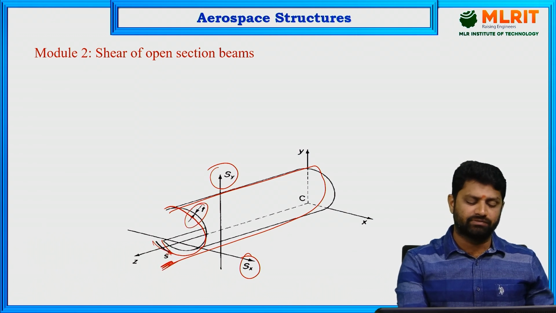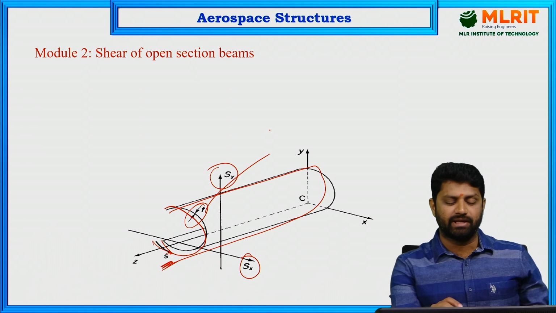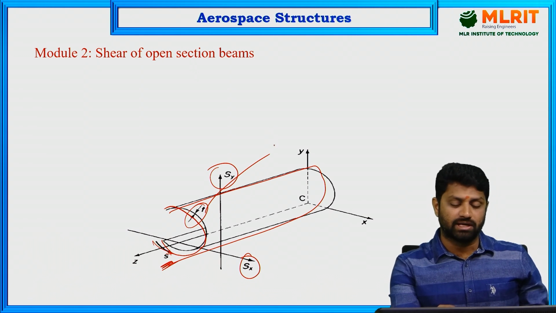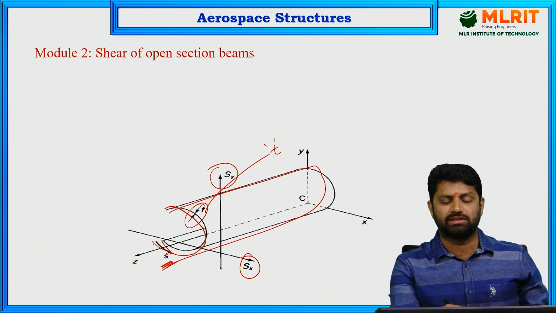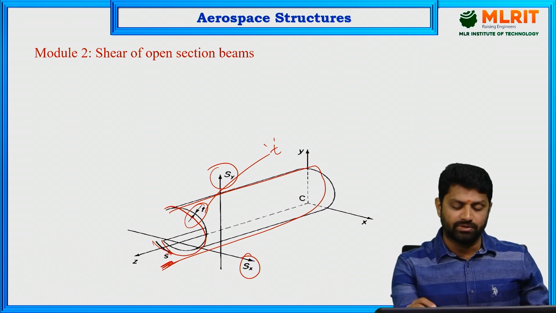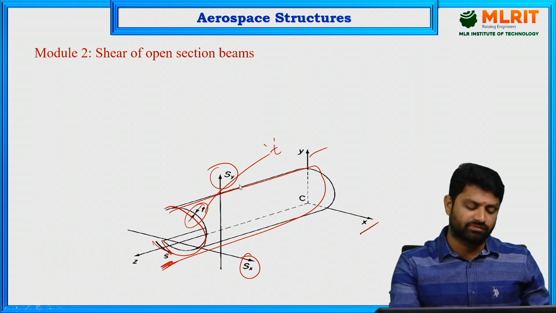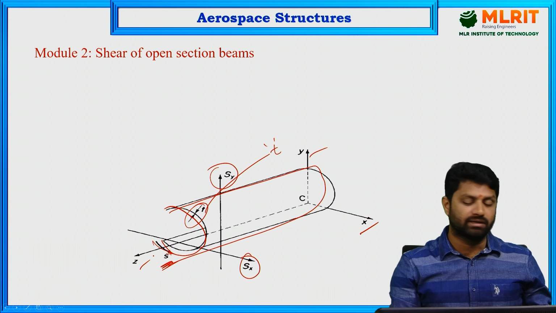The thickness of the wall is very small, taken as t, so again you consider a thin-walled section. You can see the x, y, z axis system taken in this direction.